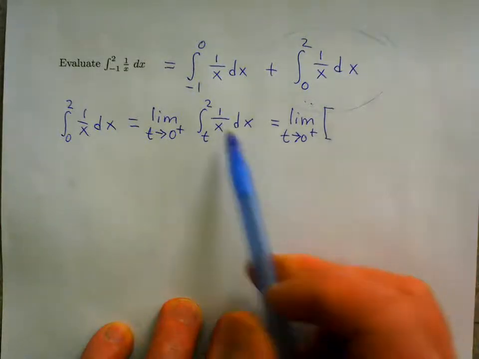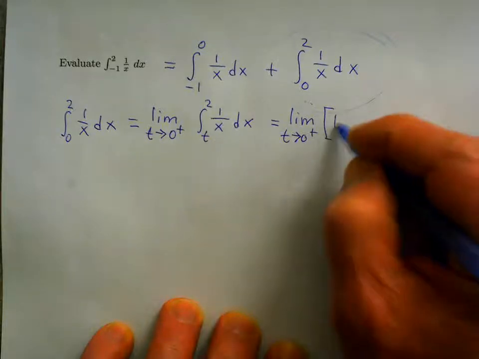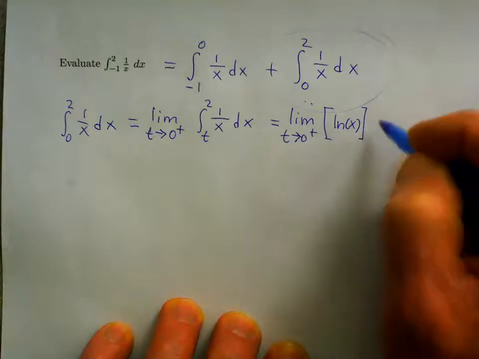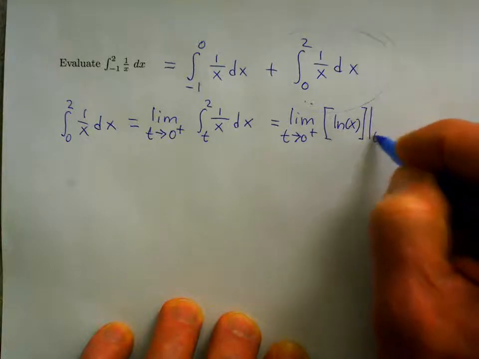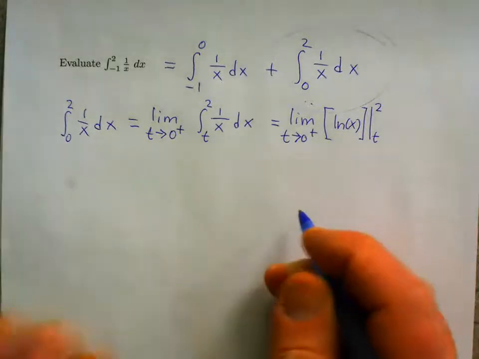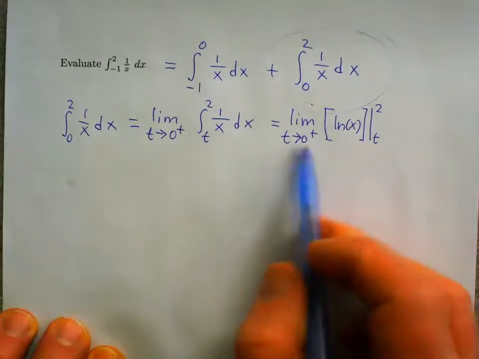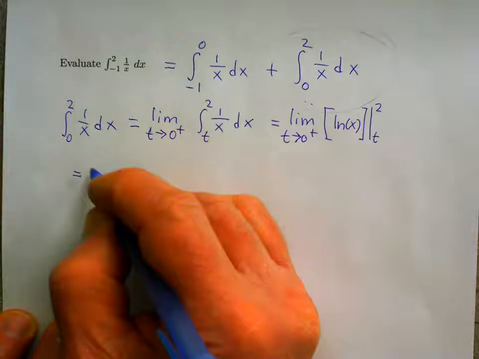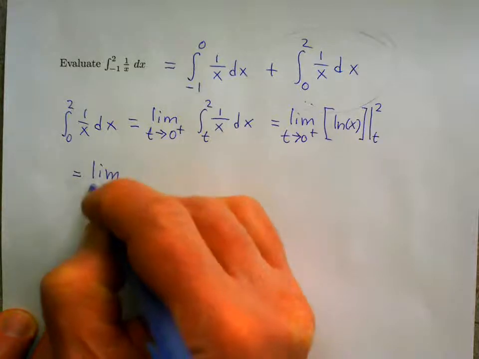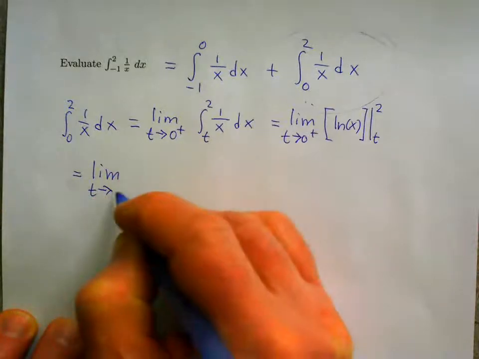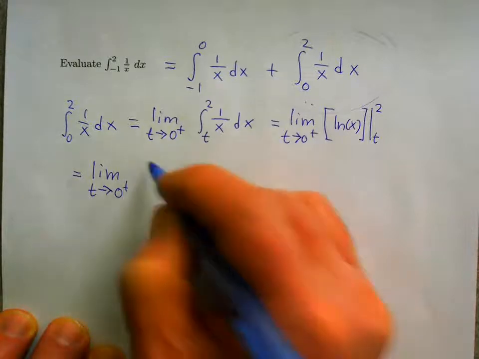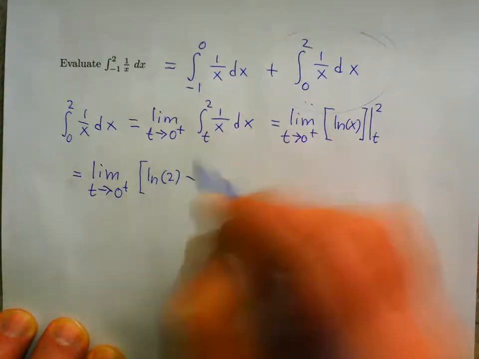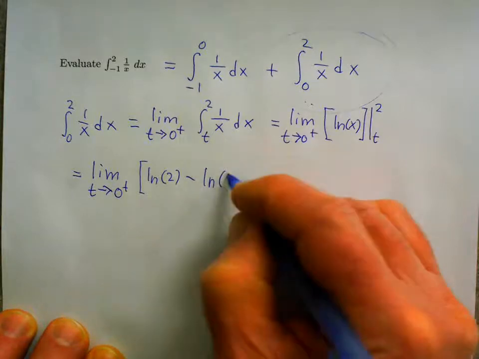Okay, an antiderivative of 1 over x is the natural log of x. And we'll evaluate that from t to 2, where t is greater than 0. Natural log of 2 minus the natural log of t.